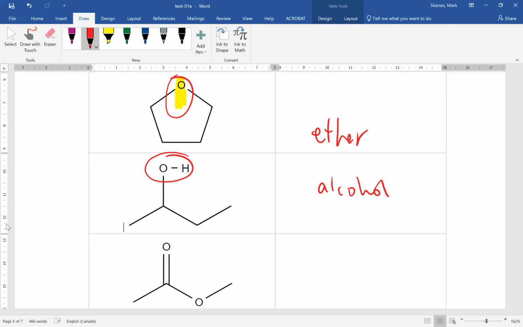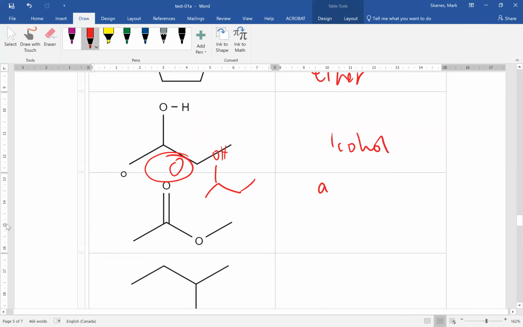I have a better computer program to draw these now. So yours would just be OH. I wouldn't need that bond in there. This was an old piece of software. And for some reason now I can't erase that. Oh well.